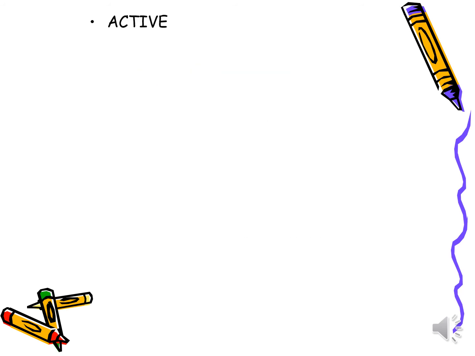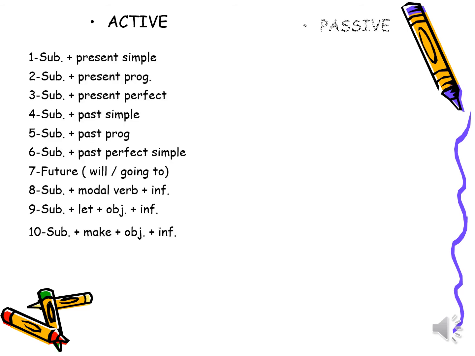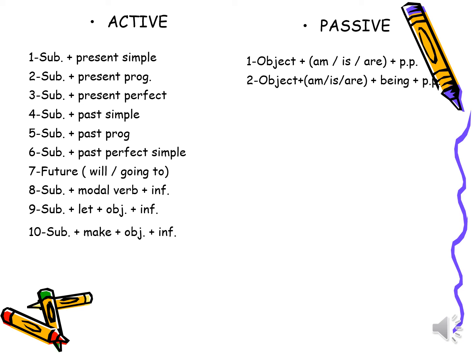Finally, let's remember the forms of the passive. We have here the active. How do we form the passive? Number one, present simple: the object plus verb to be, am, is, are, plus past participle. Number two, present continuous: am, is, are, plus being, plus past participle.